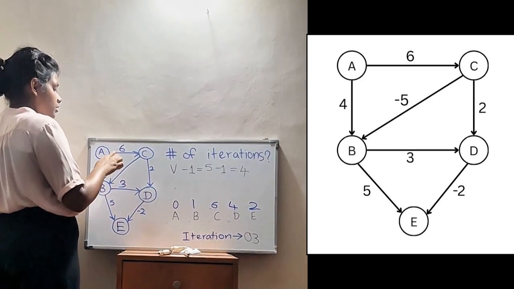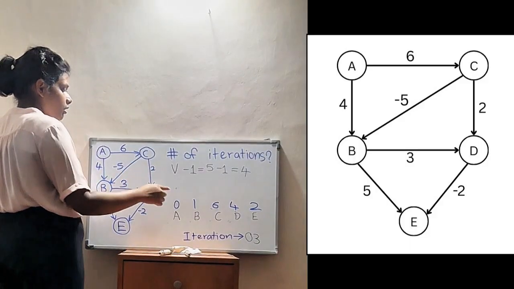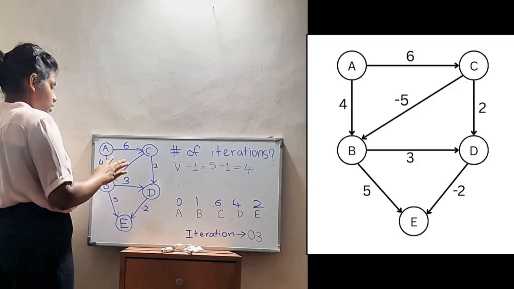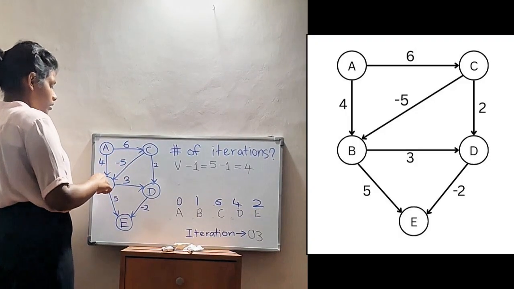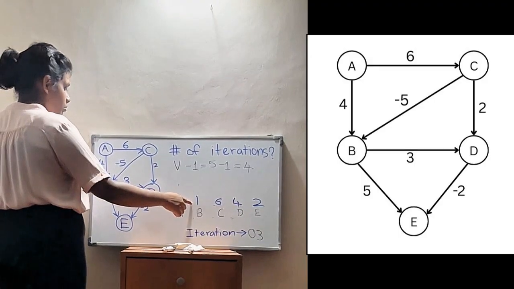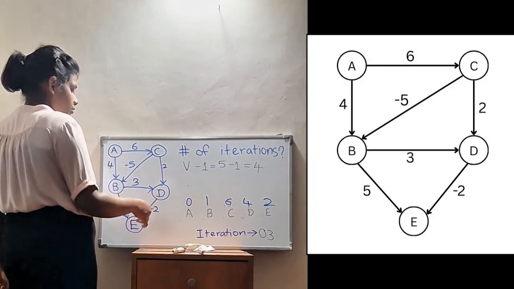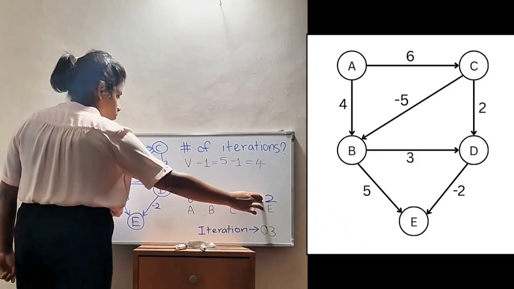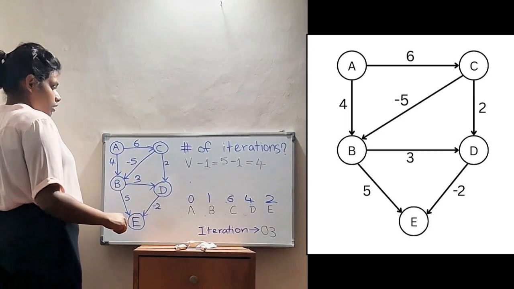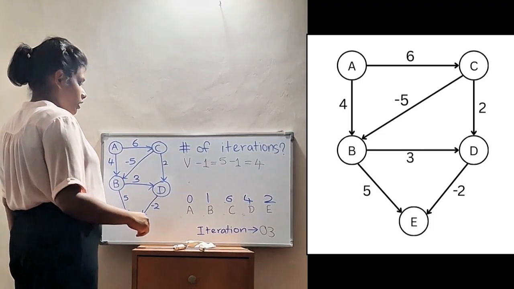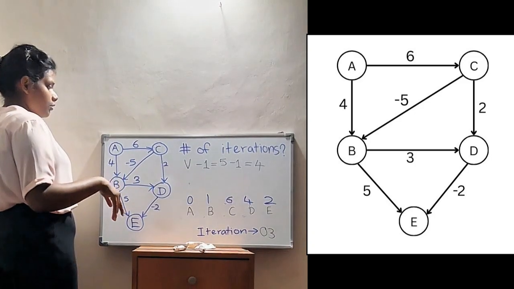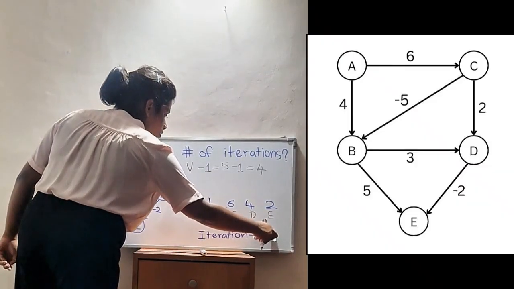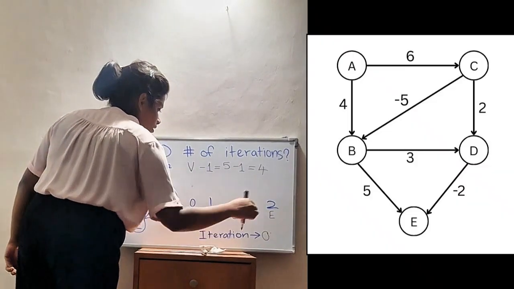From C to D 6 plus 2 8, no need to update. C to B 6 minus 5 equals 1, so no need to update. D to E 4 minus 2 equals 2. And E has no paths to any nodes, so iteration 3 will also end.